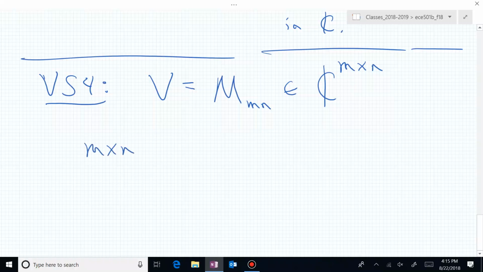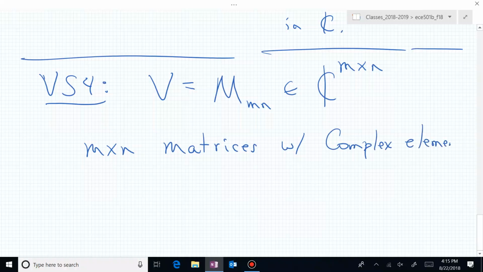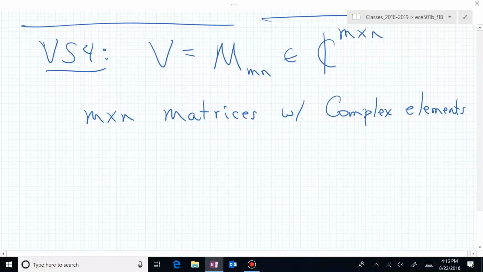And that could be a vector space. This is now an m by n set of matrices where each of the entries in that matrix can be a complex number. And that's a vector space.